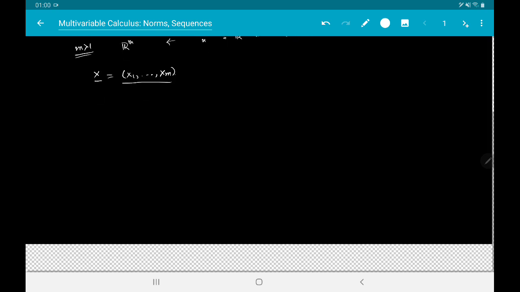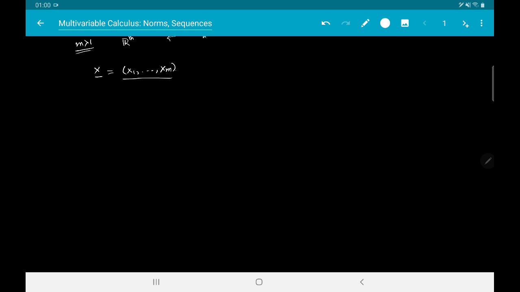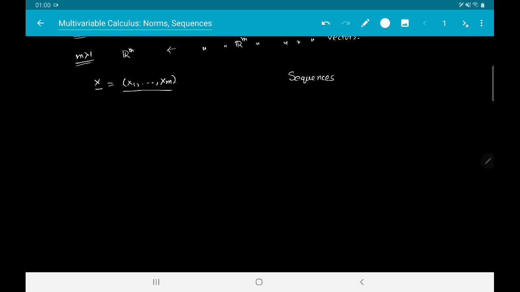Let us go ahead. Here we are going to mimic what we have done in our single variable calculus. Remember that we started our single variable calculus by studying sequences of real numbers, and here also we are going to study sequences of m tuples, or vectors, in m dimensional Euclidean space.